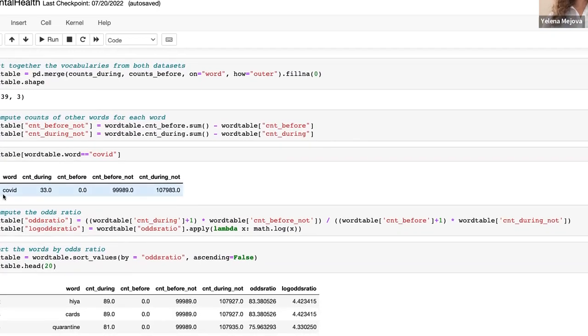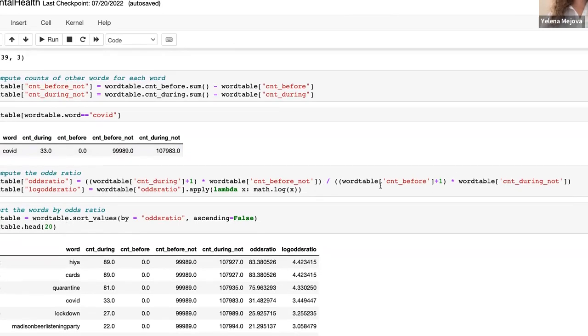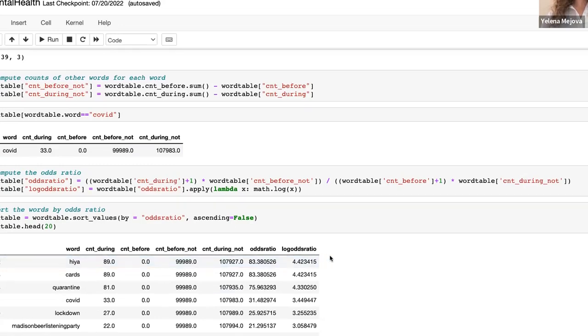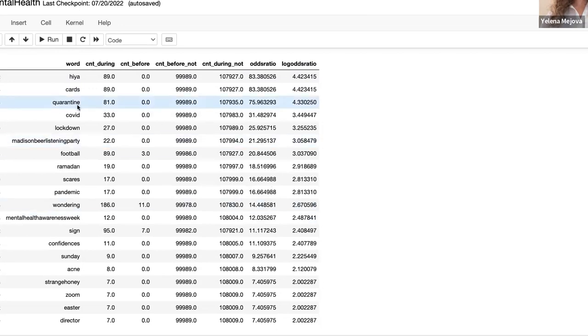So for example, COVID was in our data set 0 times before COVID, makes sense, and many times during. So we do the ratio, and now we can sort our table. There's also a log that you can apply that is easier to interpret. So what we can see then are words that are more likely to be talked about during those months and not the previous ones.